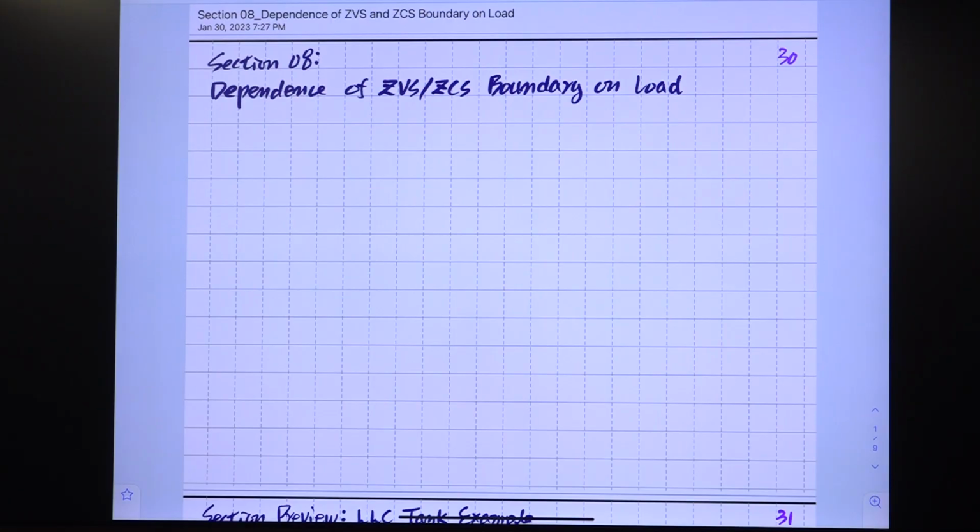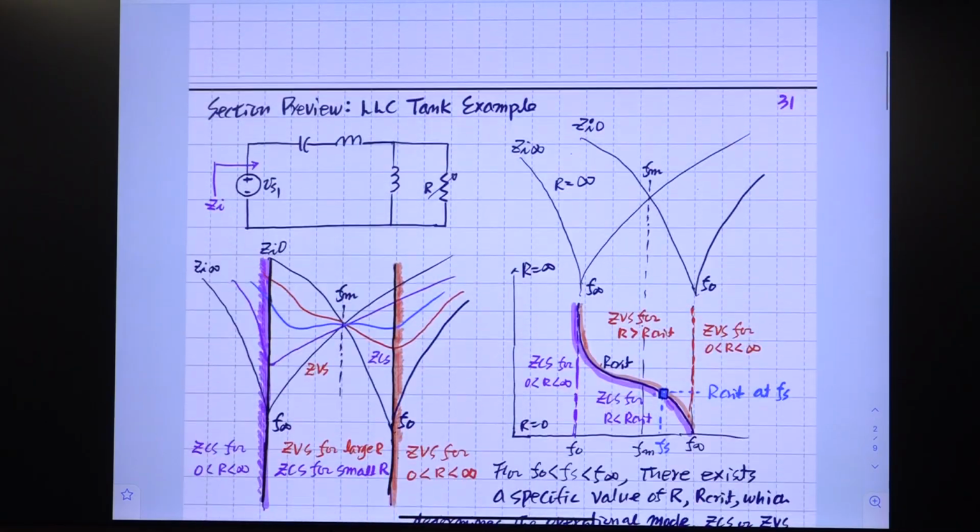section 8. Okay, dependence of the GBS and the GCS boundary on load. This is very easy because you already went through most of the story about this. This is just the repetition of the previous one. So you have the LLC structure. R is changing from 0 to infinity.